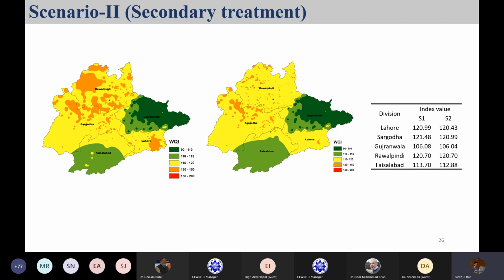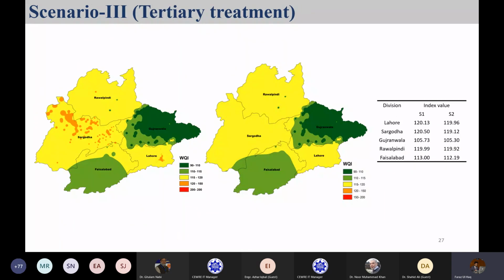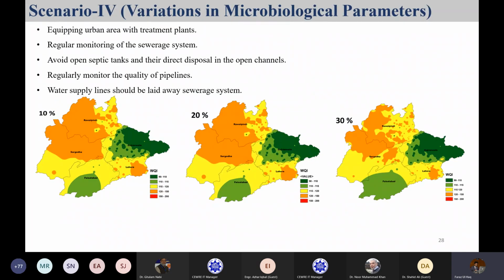We can see the impact of the secondary treatment on index value. The third one is for tertiary treatment. Following by the second strategy, by controlling the pollutant source.